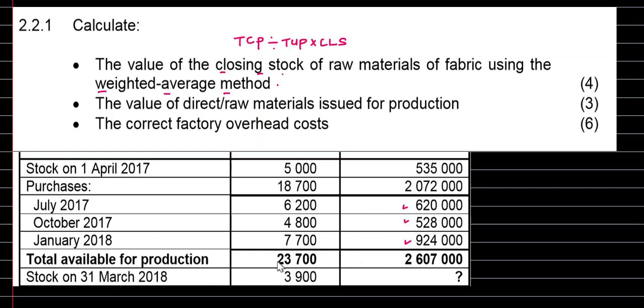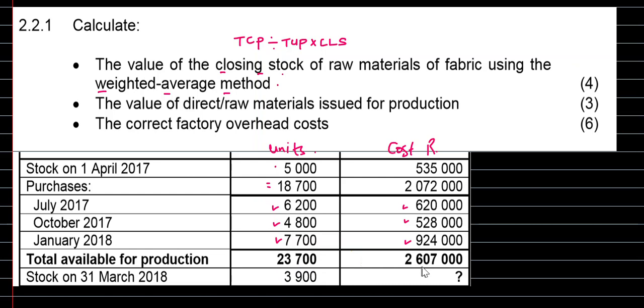The same applies to the units. These are the units, and this is the cost, in rands. Same thing applies: 6200 plus 4.8 plus 7.7 gives you 18700. When you take 18700 plus 5000, it must give you 23700.